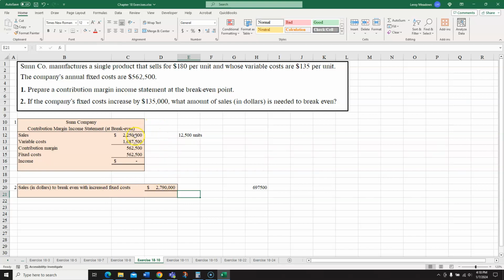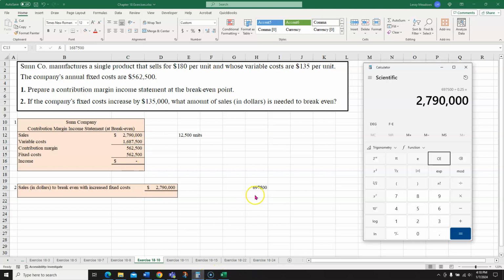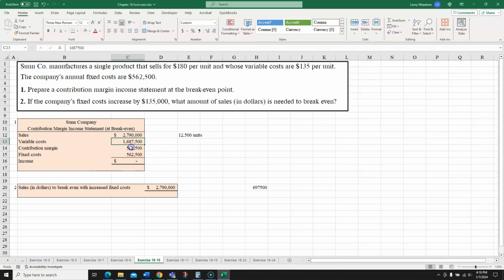Now I can plug that back in if I wanted to. 2,790,000. What are my new variable costs? We don't know the units, but I do know my contribution margin ratio. So I know that contribution margin is 25% of sales. So I could just take 2,790,000, multiply that by 0.25, and I'm going to get 697,500 here.